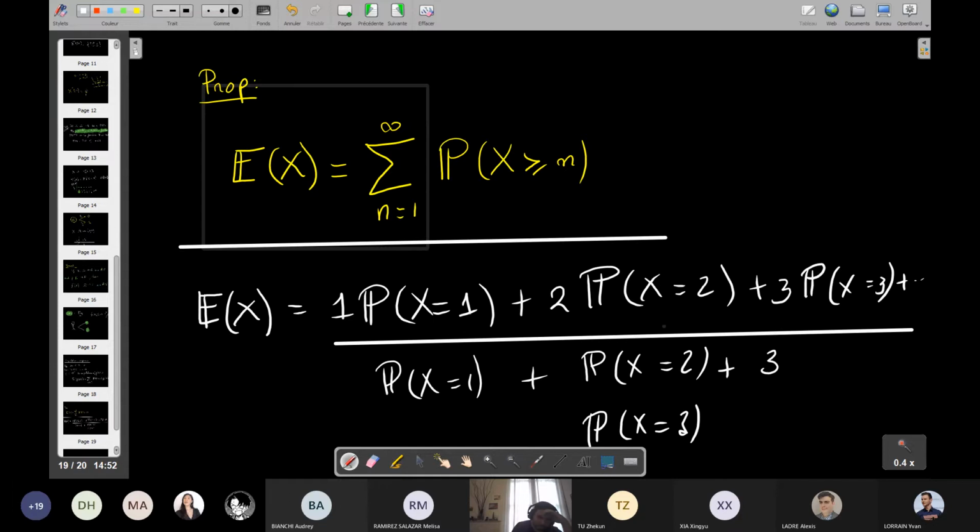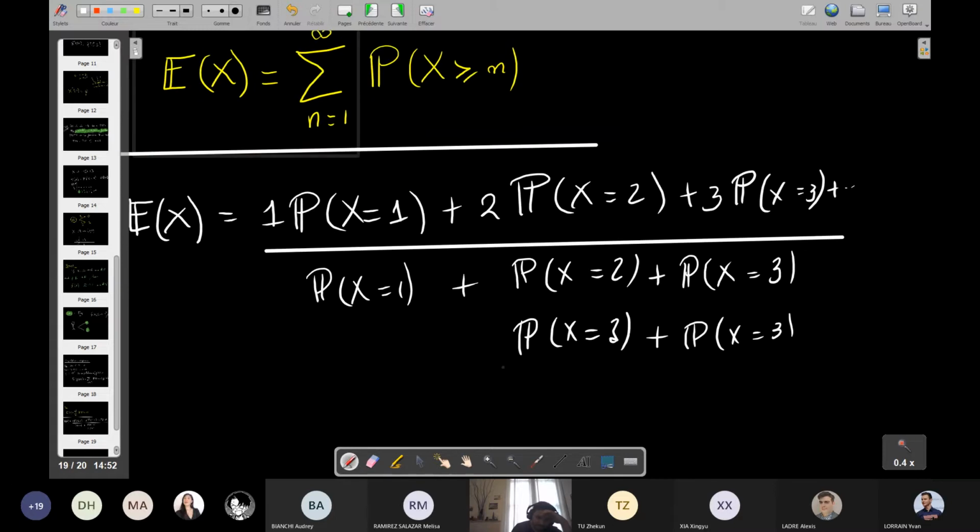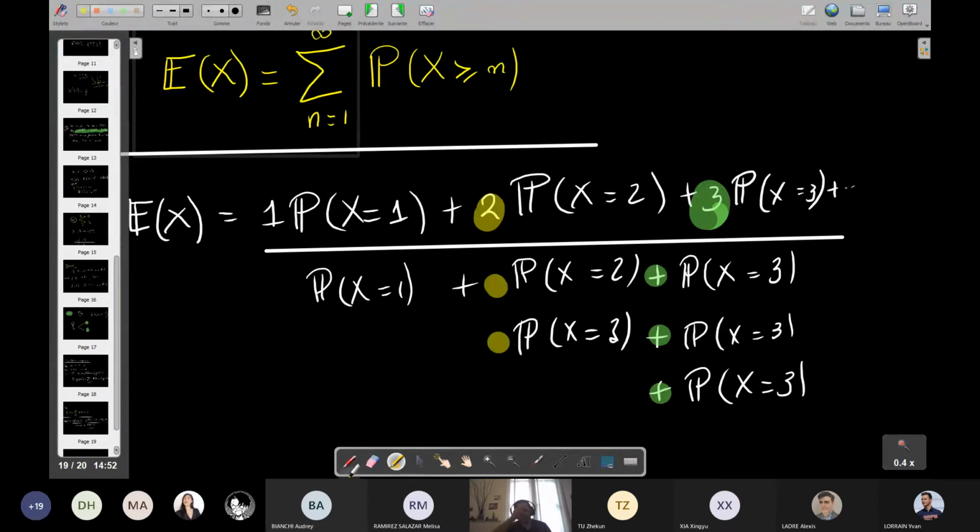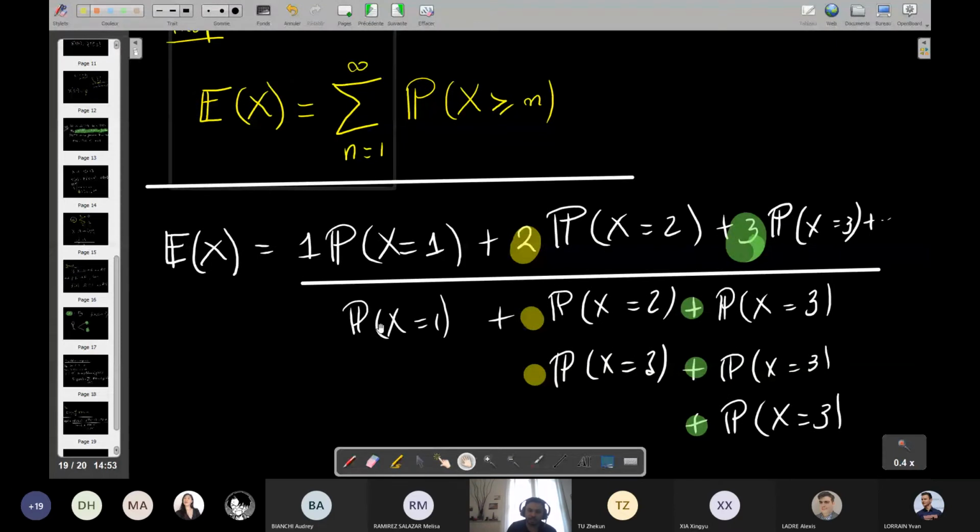plus P of X equals 3, plus P of X equals 3, plus P of X equals 3. Why? Because I have this 3 times, so I have to put it 3 times. Here I have the number 2, so it has to appear twice, and you get the same thing. And look, you get the formula here in yellow.